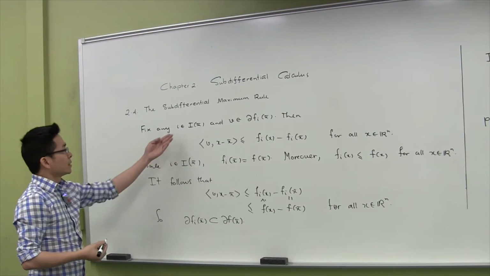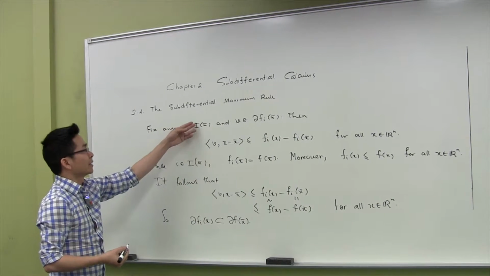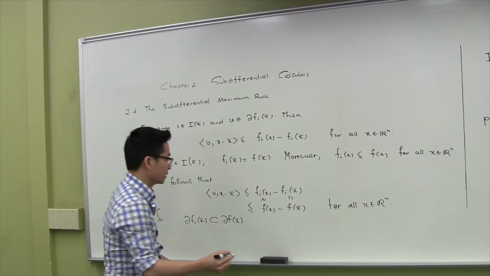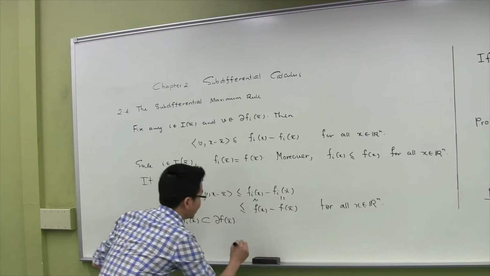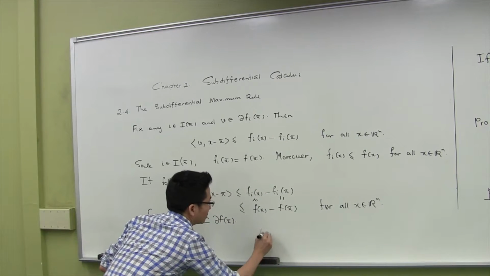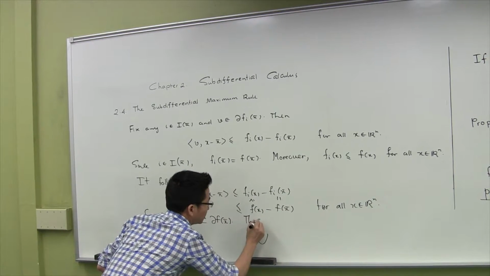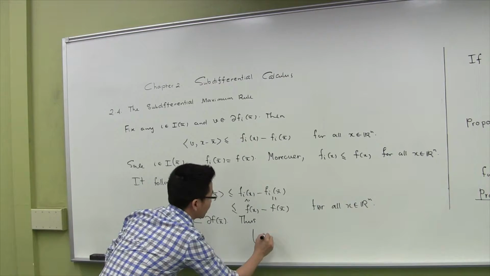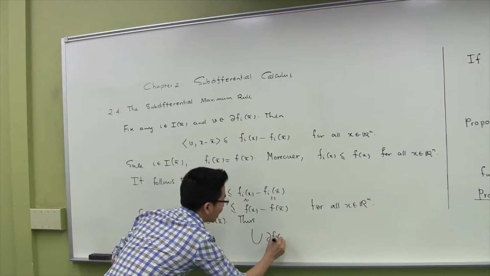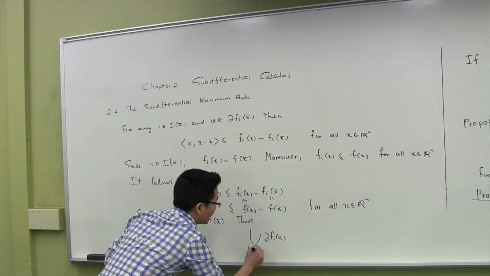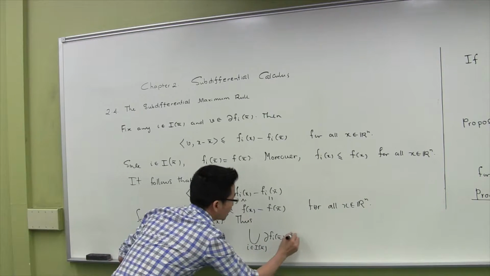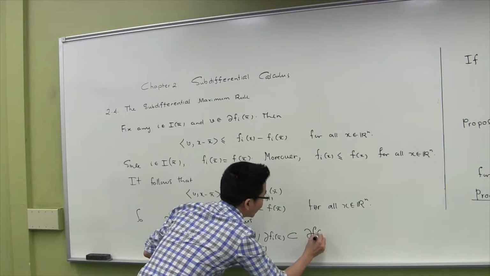Now, as i runs arbitrarily in this set, we see the following. The union of the subdifferentials of f_i at x bar, where i runs in I(x bar), is a subset of the subdifferential of f at x bar.